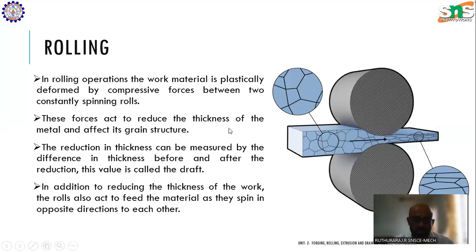If you see this image closely, the larger grains are deformed into smaller, elongated grains. So this is actually a cold working process because at the end, new grains are not formed. Hence, you can consider this as a cold working process.